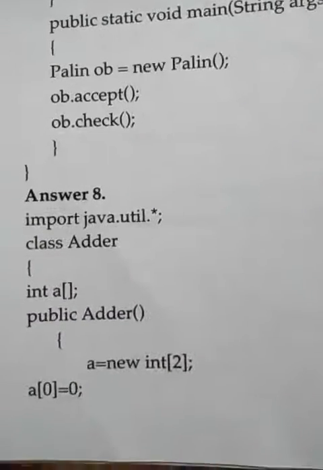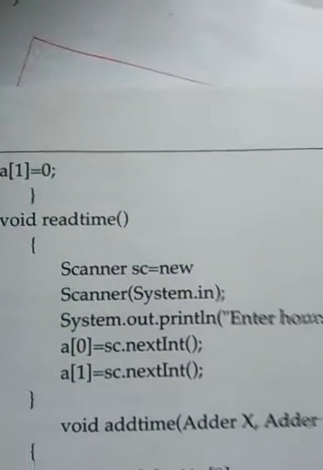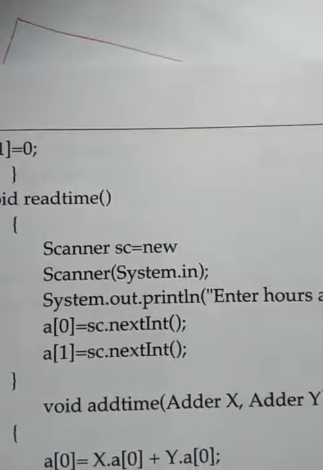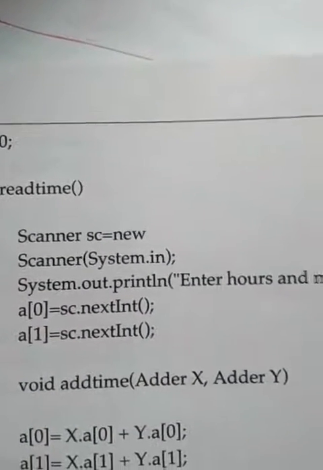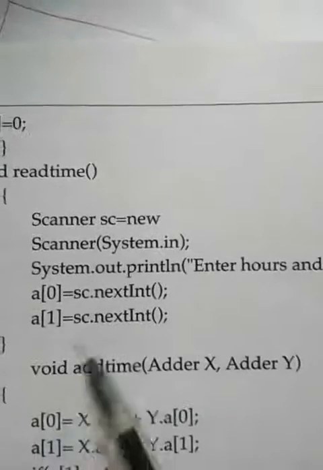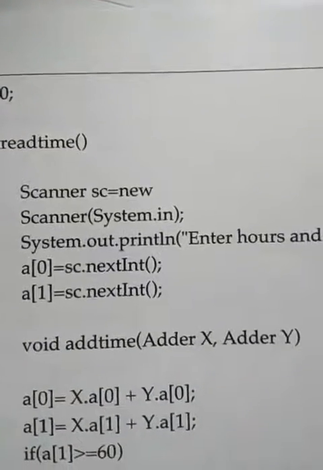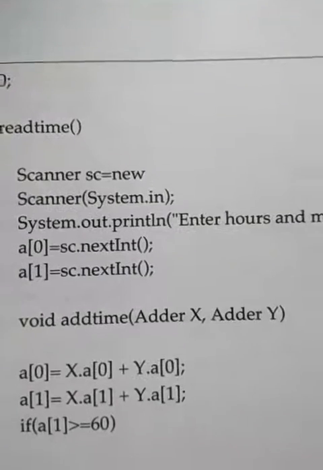Array of 0 and array of 1 will be 0 by default in the default constructor. In readTime we have to read the values from the Scanner class, so enter the hour and minute. The first value will be in array of 0 and the second value in array of 1.